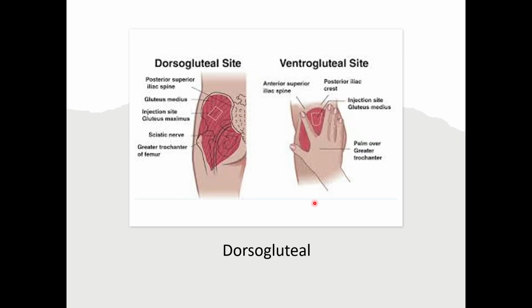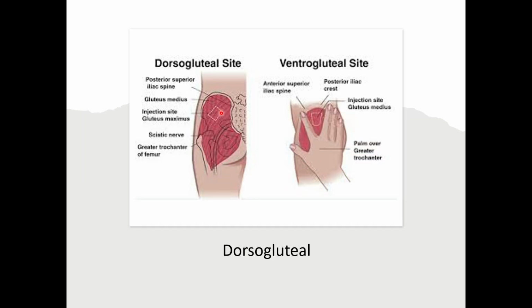This is the site for your IM injections. We'll do this in the lab next week. Obviously, we won't be doing them on each other. But this would be the dorsogluteal site. It's just right here. It's below the hip. It's basically the butt cheek side of this.